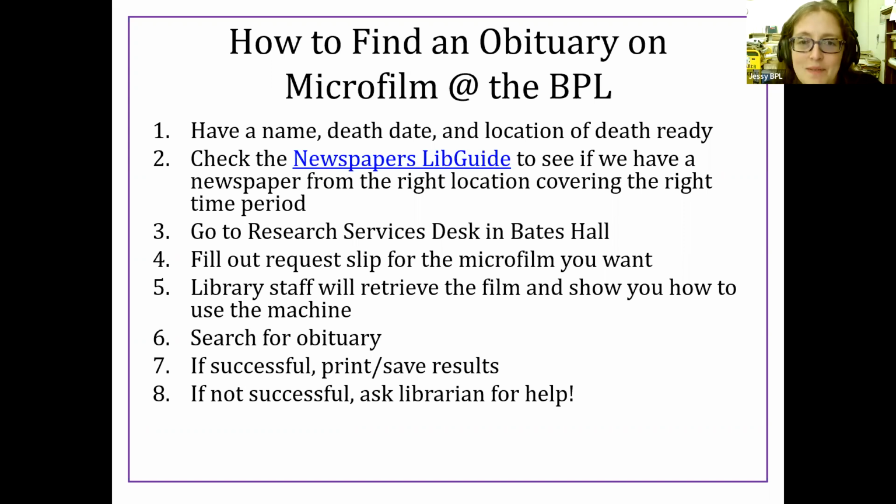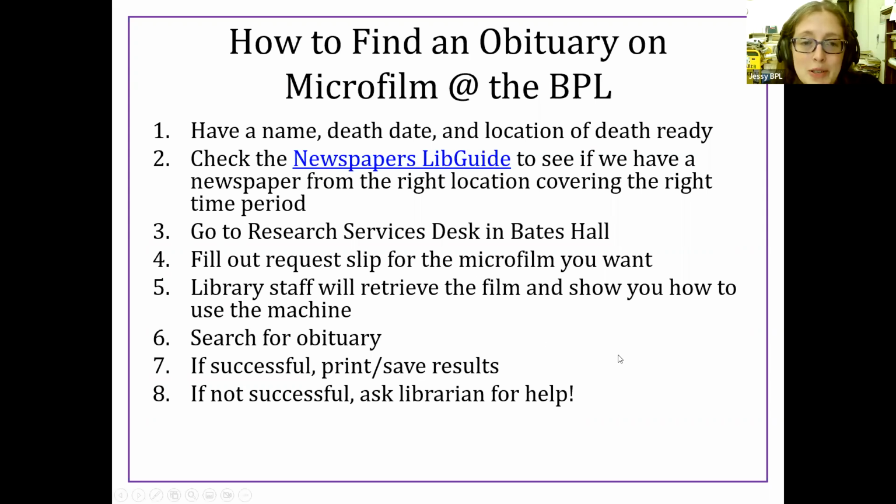We cannot find an obituary for you, and we cannot help you find an obituary without these three key pieces of information. If you don't know the date of death, but you do know the location, what you can do is request a death certificate or a death record from the municipality where the person died, and the death certificate should have the death date on it. So a death date is definitely something you will need.